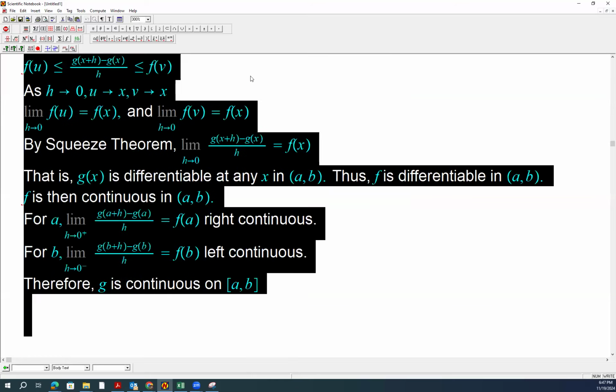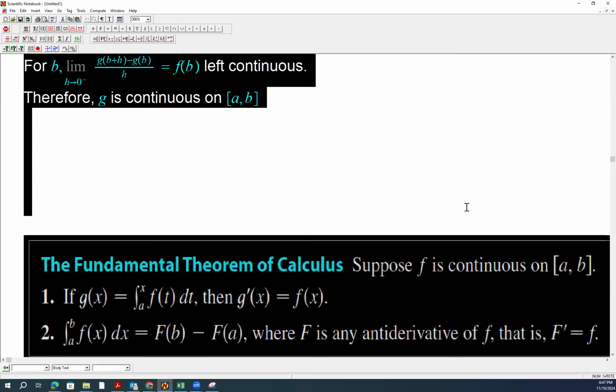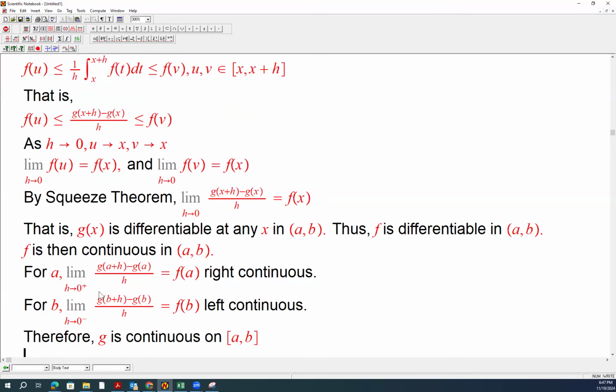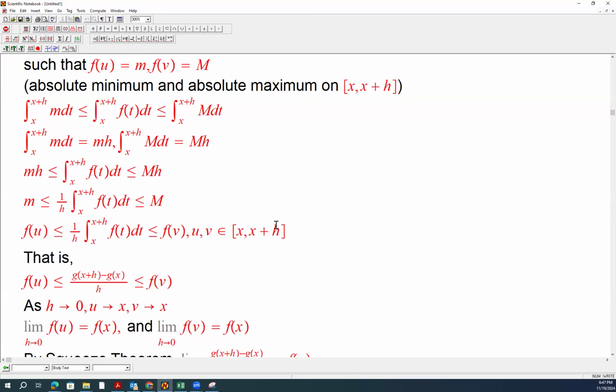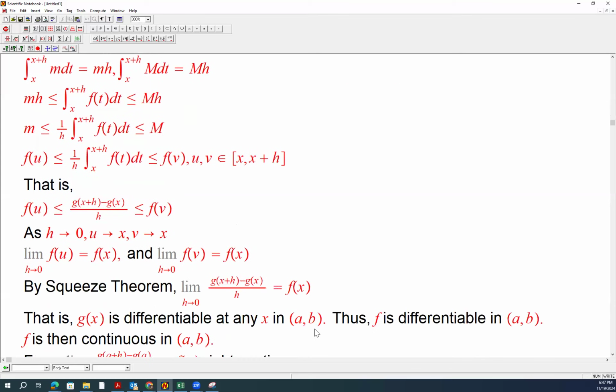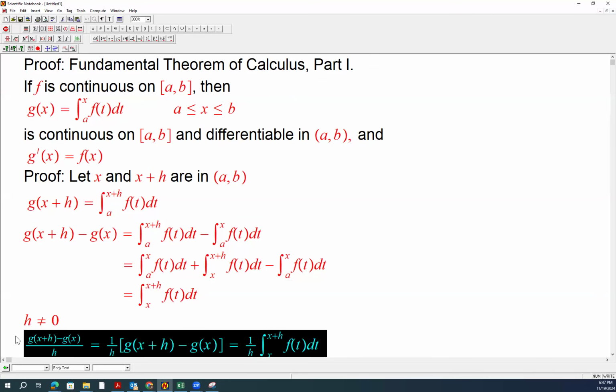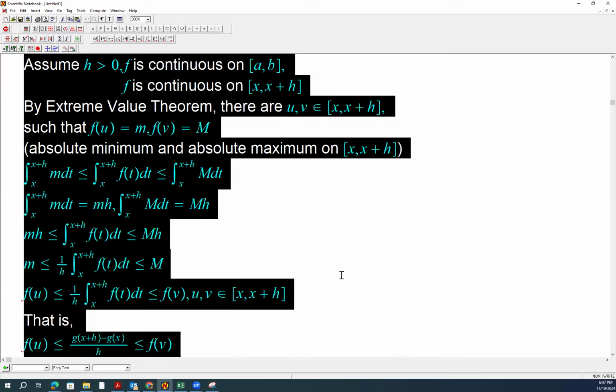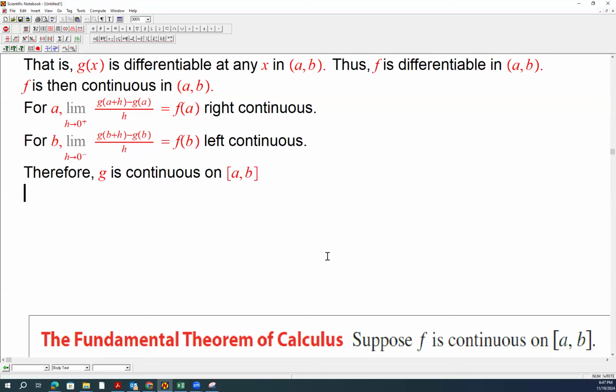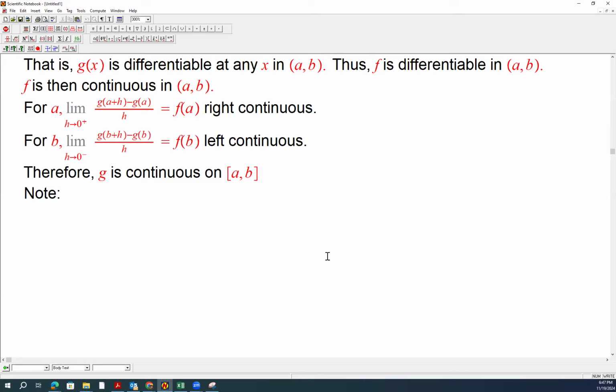So I'm going to copy and paste this part and show you how that would be done. The textbook didn't do this part, but I'm going to show you how this part will work.